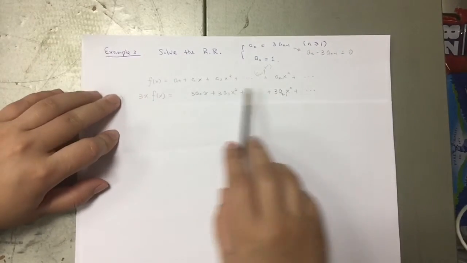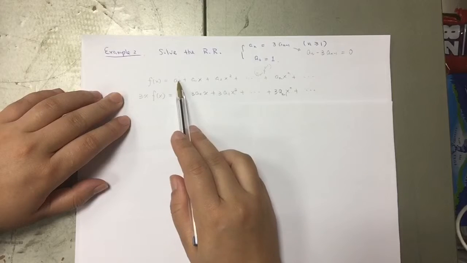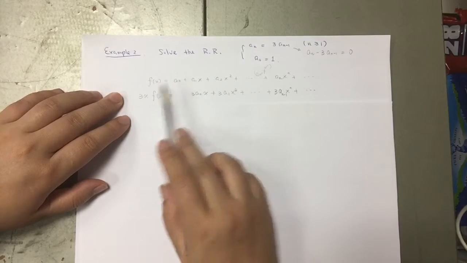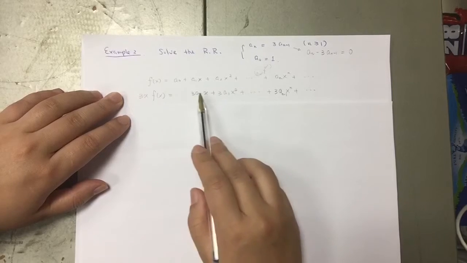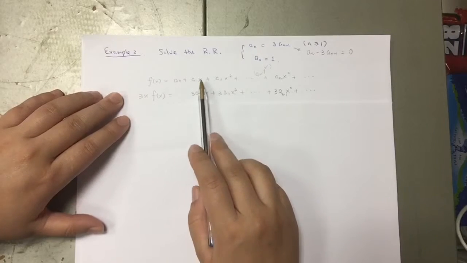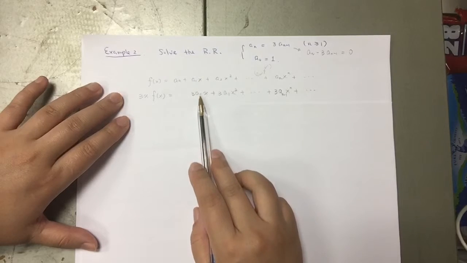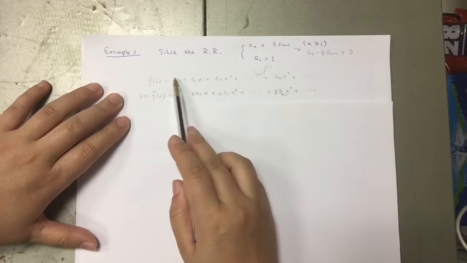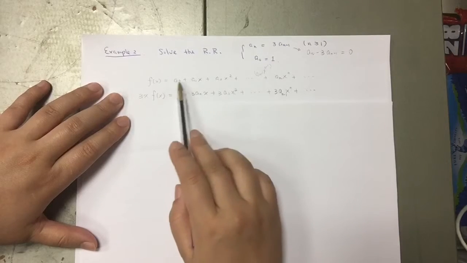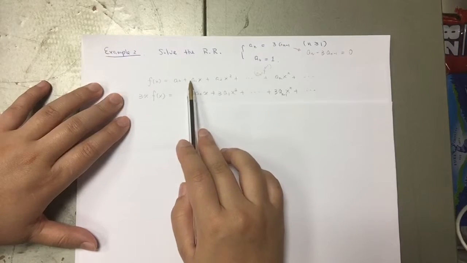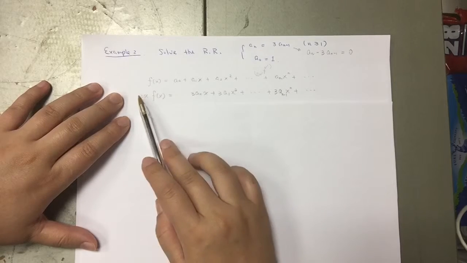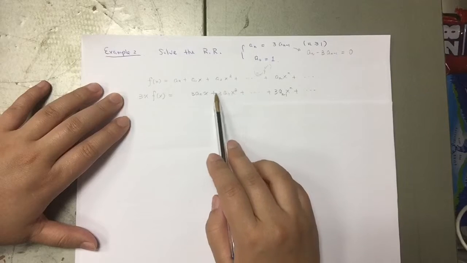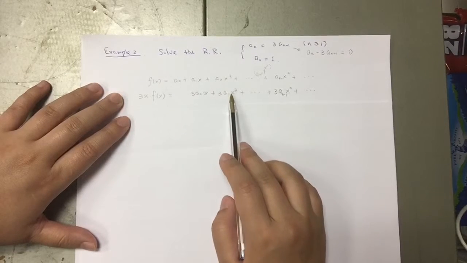Once we do this, we will see that the first term becomes 3x times a_0, which is 3a_0 times x. I'm going to place that term down here because I want all the x terms to lie in the same column. Similarly, when I multiply 3x into f(x), 3x multiplied by the second term gives me 3 times a_1 times x squared. I'm going to list that down here for the x squared terms.